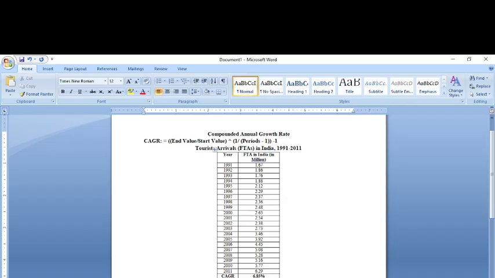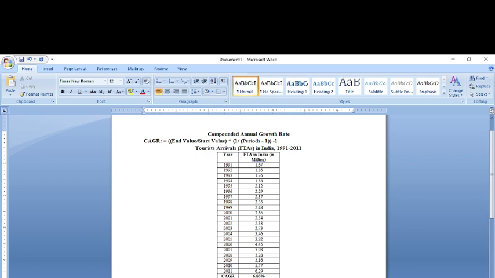So what I've done is 4.62 raised to power 0.05, since it is 1 divided by periods minus 1, so the 21 years minus 1, I've done it with 20. 4.62 raised to power 0.05 comes to be 1.079, and again I deduct 1 from this and I get 0.795, and then subtract another 1, then multiply it with 100, and I'll get the value which is 6.95 when I manually calculate it.